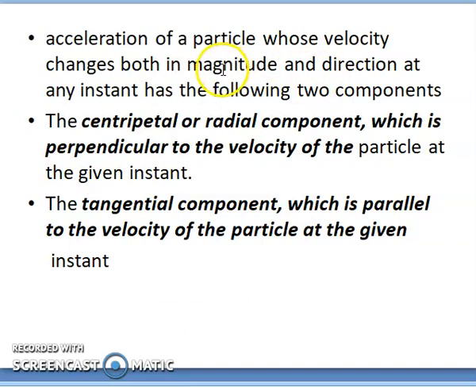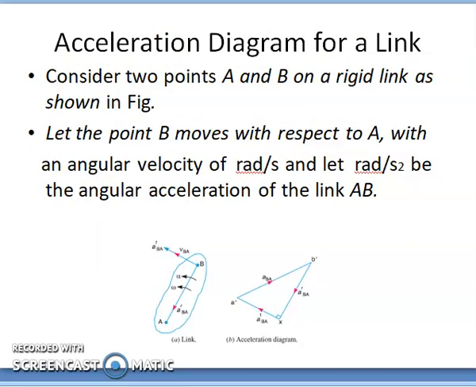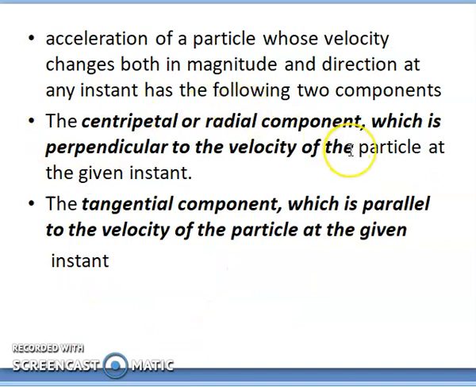So acceleration of a particle whose velocity changes in both magnitude and direction in an instant has two components. One is the centripetal or the radial component, which is directed towards the center, and this is perpendicular to the velocity.